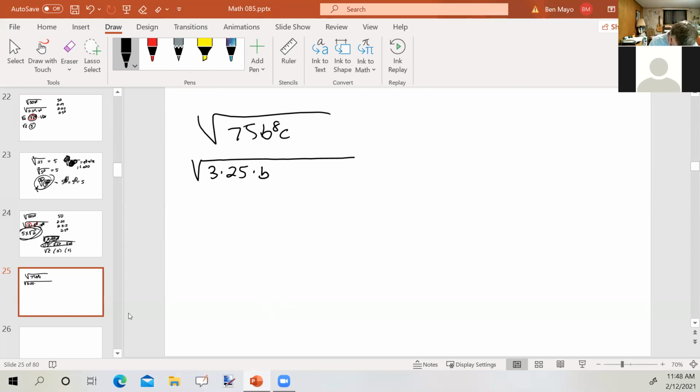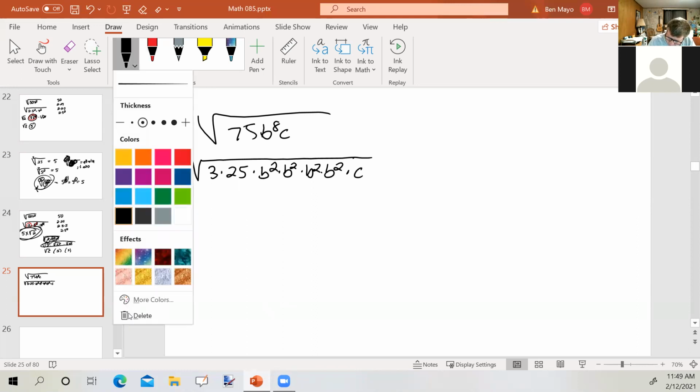B to the 8th could be b squared times b squared times b squared times b squared, and then times c. So everything up there is a square or less than a square. Okay. And I wrote 25. I could have written it as 5 squared, either way.